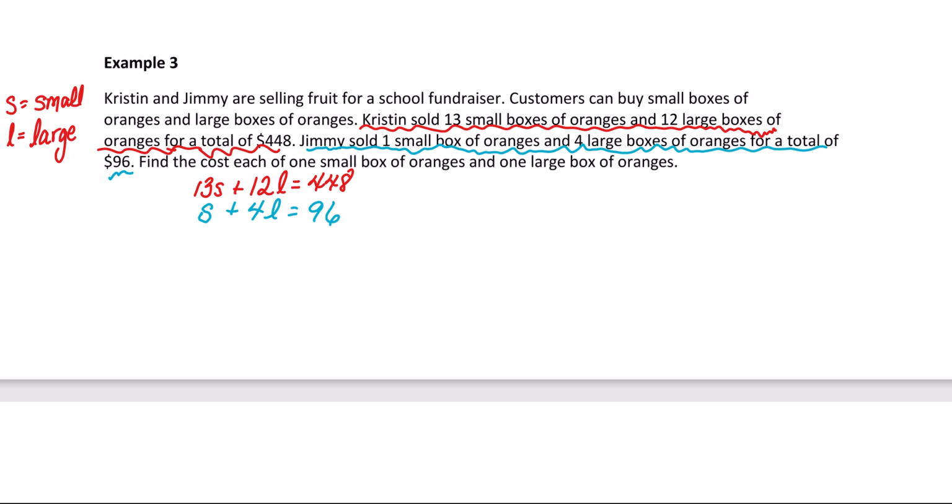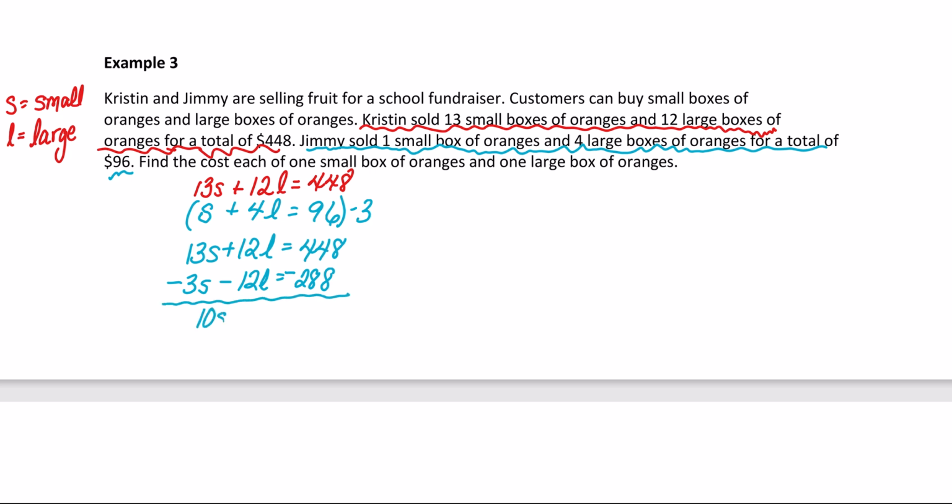So I would multiply this whole thing by -3. So I get 13S plus 12L equals 448, and -3S minus 12L equals -288.